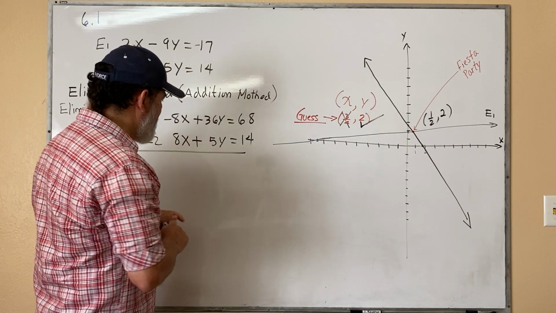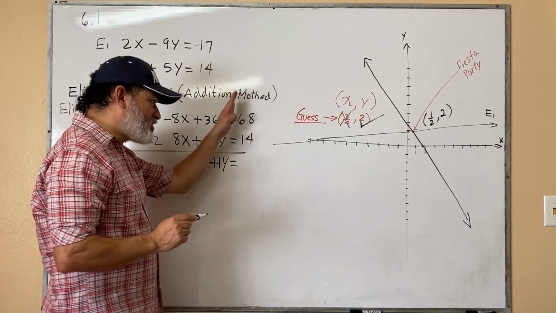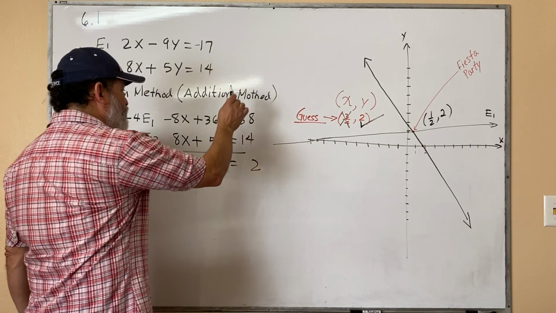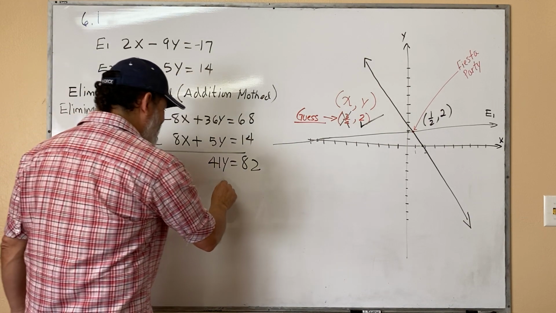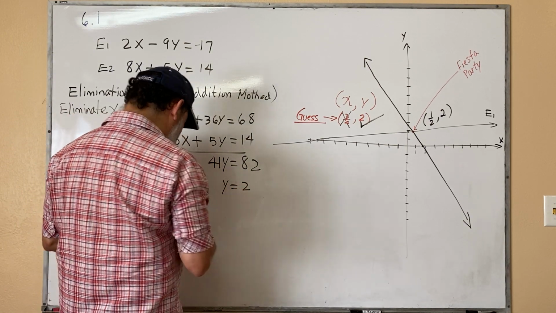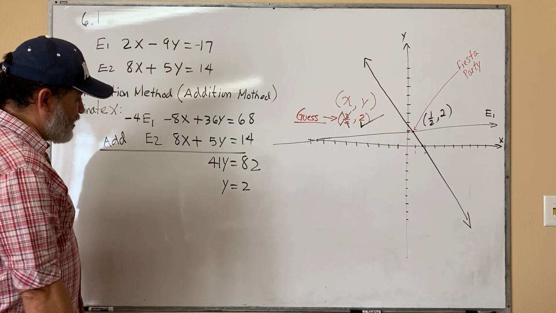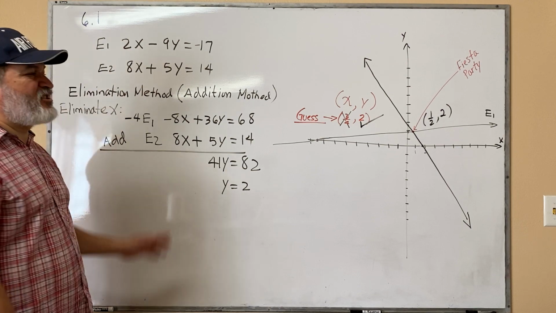And what is this? This is 41y. And what is this? This is 12, take 1, 82. So that y is 2. Now you can take this y and plug it in there and get x, just like before.